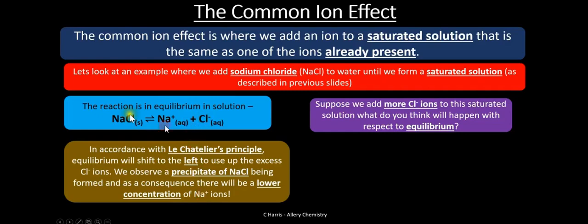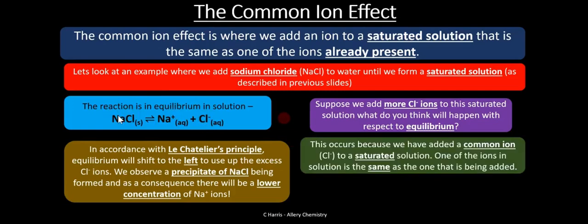So this will cause your equilibrium to shift to this side, forming more of the sodium chloride, and in the process we're going to have less and less of the sodium ions. So in other words, your solid becomes less soluble because it's now moving in this direction to form this solid.